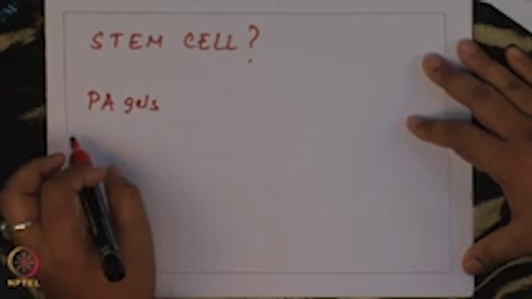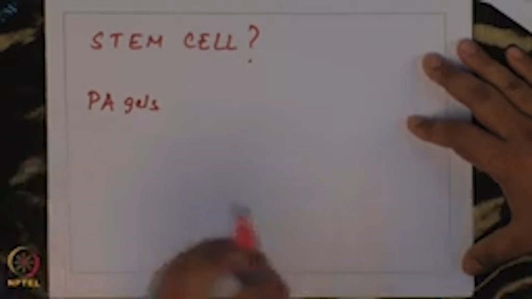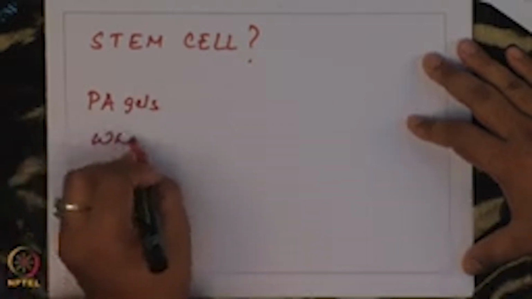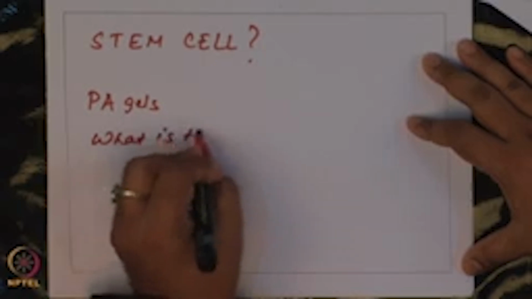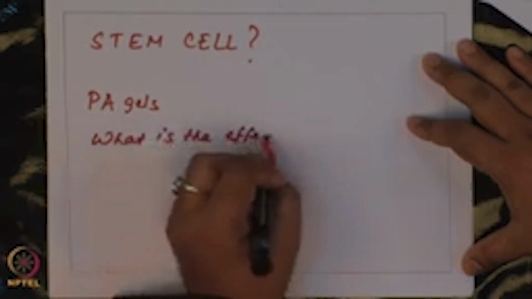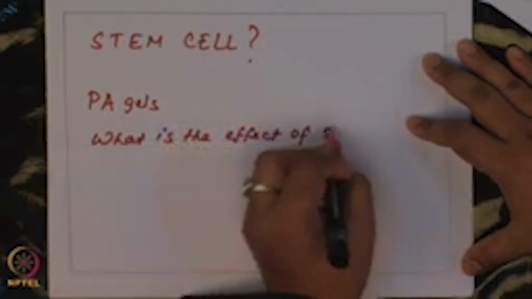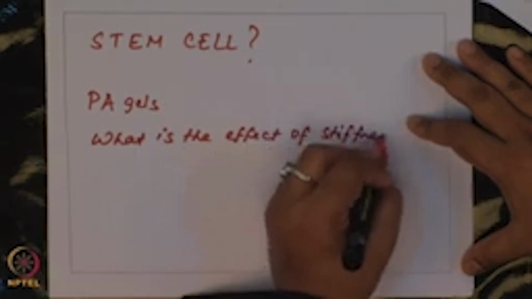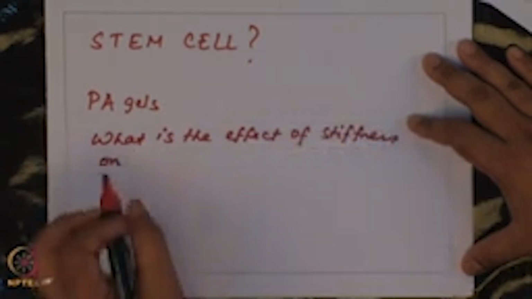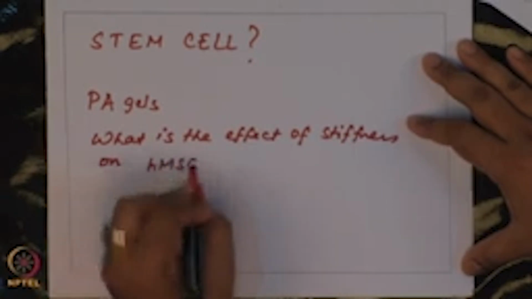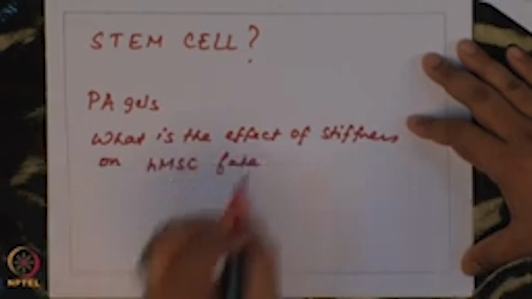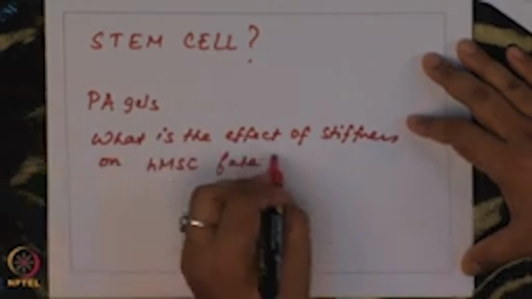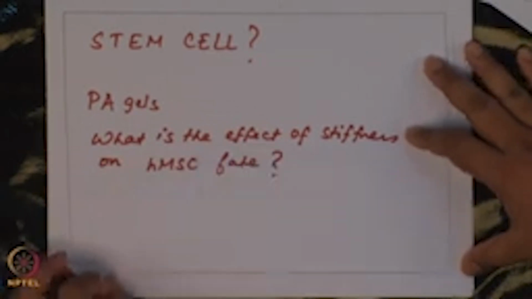Using PA gels, he asked what is the effect of stiffness on human mesenchymal stem cell fate. Okay. This was the question that they asked.